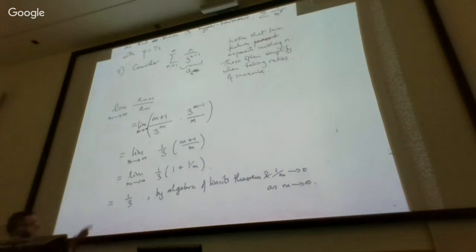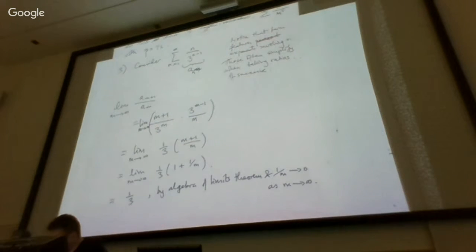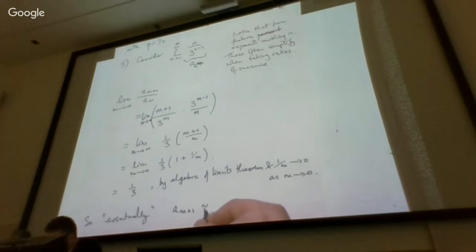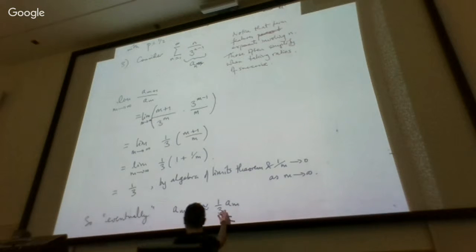So this is our L. We've succeeded in calculating the limit of the ratio of consecutive terms. Here I'm just repeating the justification for the test. Eventually, a_{n+1} is approximately one third of a_n.